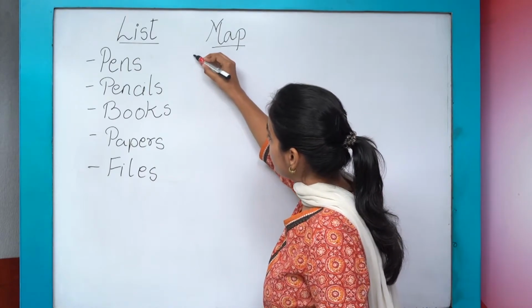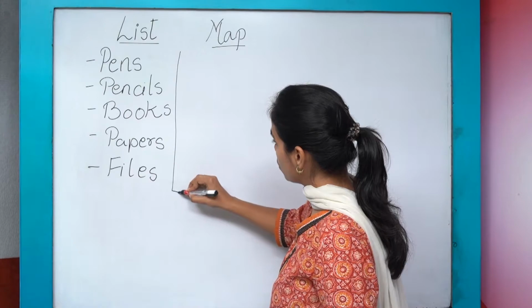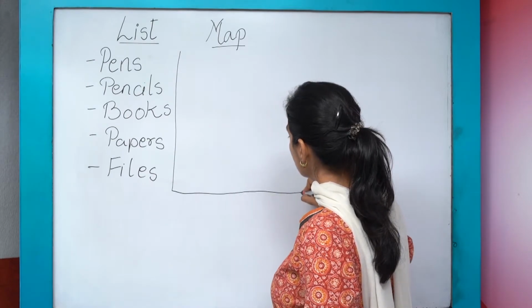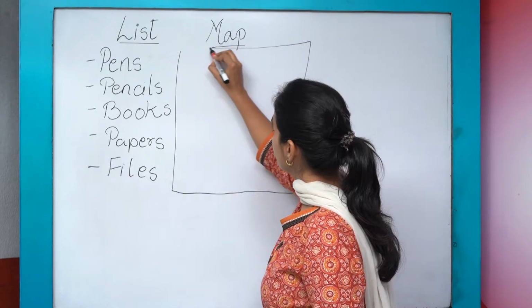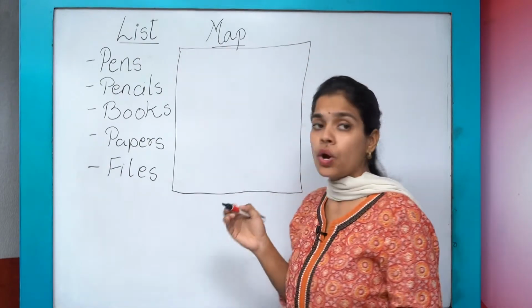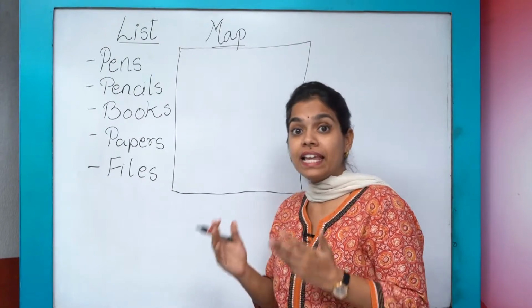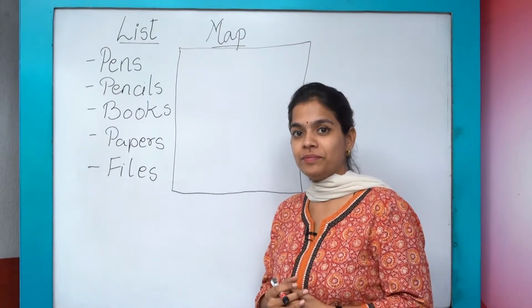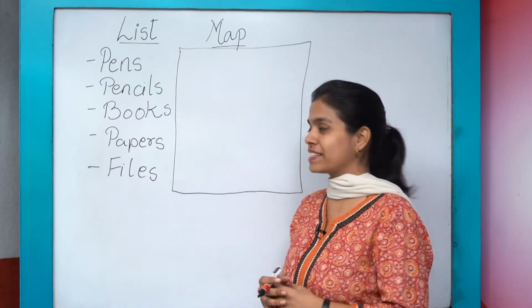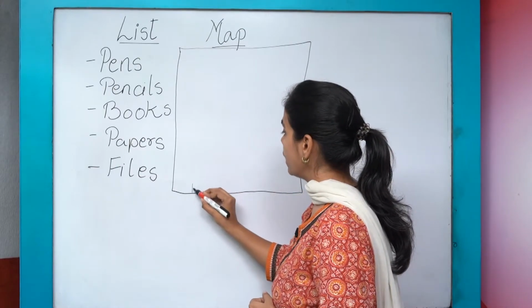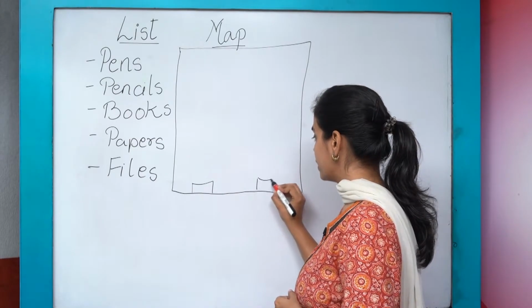Let's imagine that this space was a school. Where is the entrance? Let me talk about my school. My school had two entrance gates. One over here and one over here.